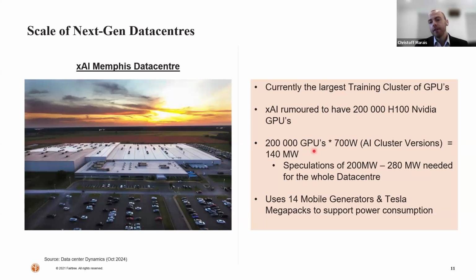So speculations are currently that this data center alone requires 200 to 280 megawatts. Because they can't get so much electricity from the local utility, they're currently using 14 mobile generators as well as Tesla Megapacks to support this huge power consumption.